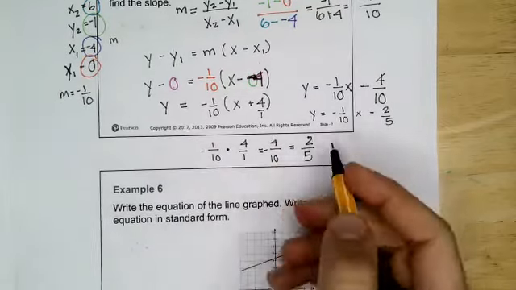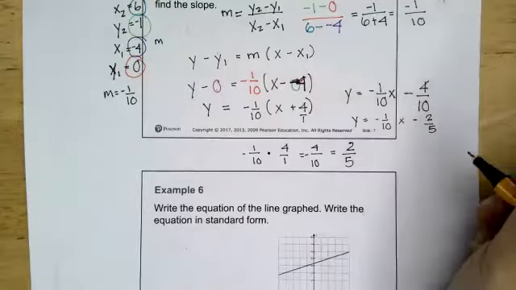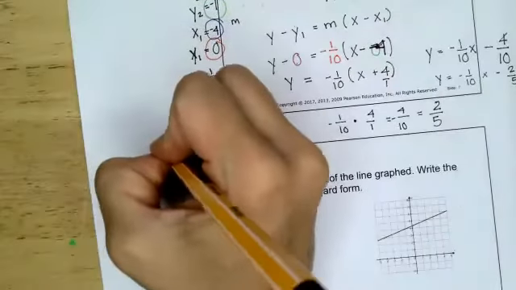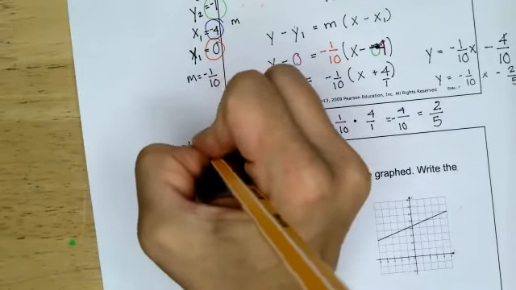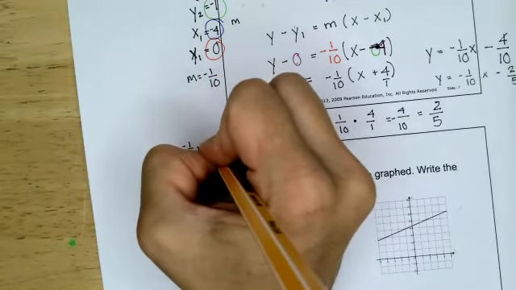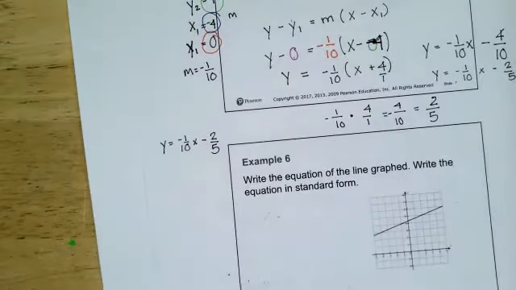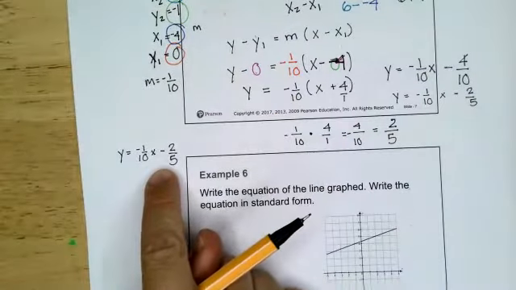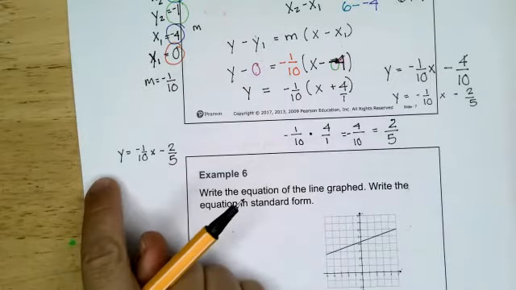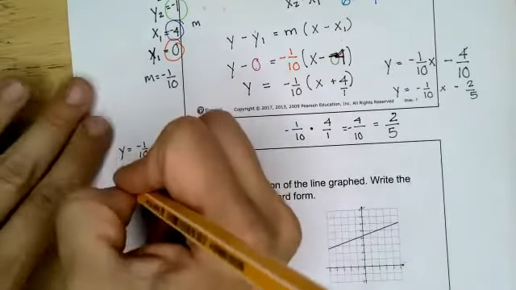Standard form. So sorry. Y equals -1/10 x minus 2/5. Now we want it in ax plus by equals c form. So that means we want the c alone, and we're going to move the -1/10 x over here.